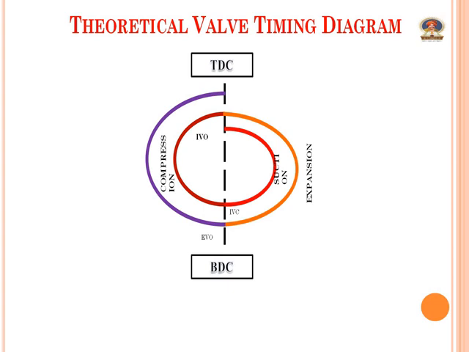The piston sweeps out all the burnt gases from the cylinder, so that is called the exhaust stroke. At the end of the exhaust stroke, when the piston reaches TDC, the exhaust valve gets closed. So this is the theoretical valve timing diagram for a 4-stroke diesel engine.